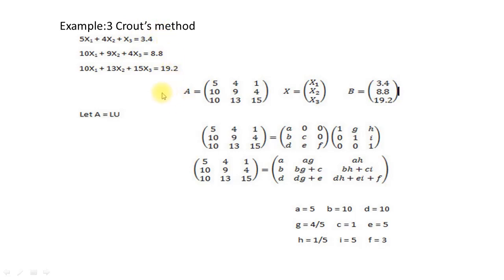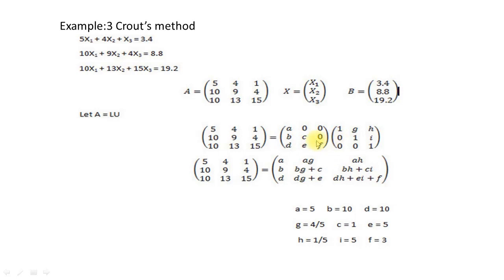In Doolittle's method, we put 1, 1, 1 on the diagonal of the lower triangular matrix, and in Crout's method, we put 1, 1, 1 on the diagonal of the upper triangular matrix. So in this case, in the upper triangular matrix, we have 3 unknowns G, H, I, and in the lower triangular matrix, we have 6 unknowns A, B, C, D, E, F.